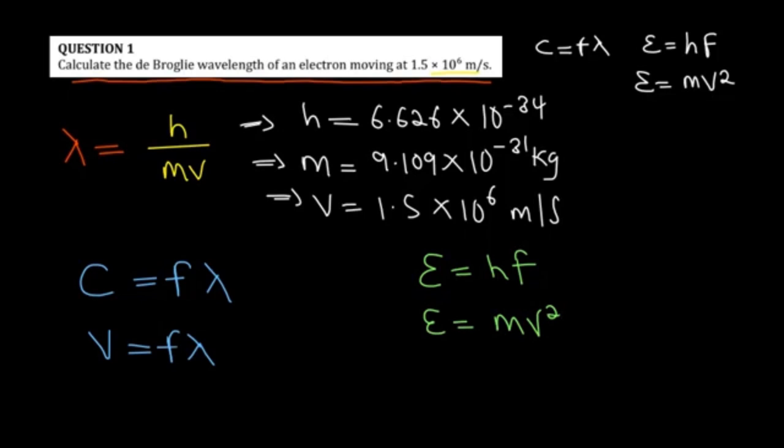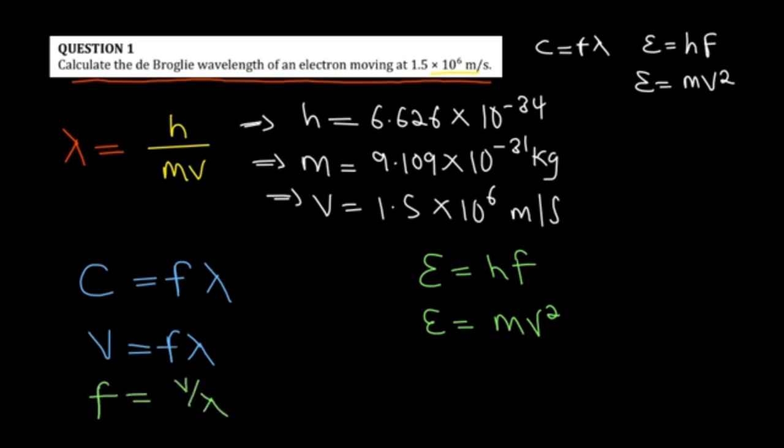From these formulas, you can come up with this equation. The first thing you have to do is make f the subject of the formula. If I divide both sides by lambda, the wavelength, I get that f is the same as v over lambda.